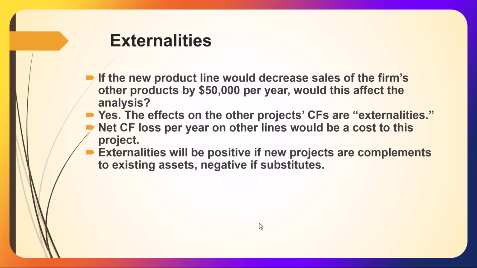Externalities can both be positive and negative. They also obviously have a big impact. So if our new product eats into existing sales, that is cannibalization, that's a negative externality. Conversely, a complementary product that boosts sales elsewhere could be a positive externality.